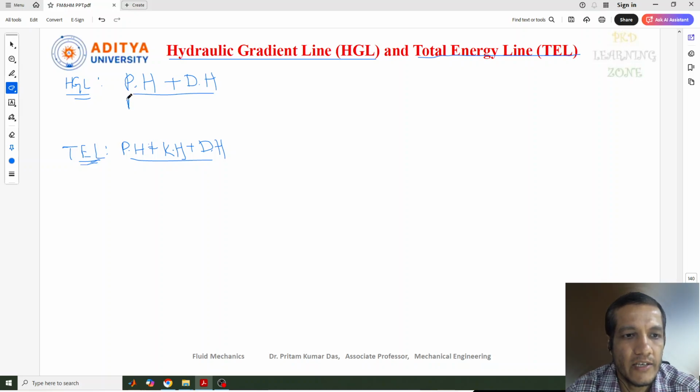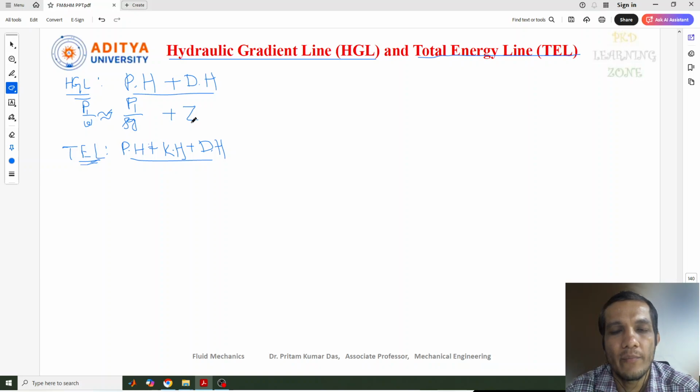Pressure head is equal to the intensity of pressure with respect to the specific weight. Specific weight is nothing but rho g, or sometimes it is written as P1 by small w. And datum head is nothing but Z, the height of the fluid flow from a datum line or a reference line.